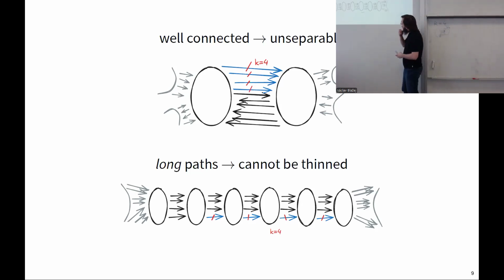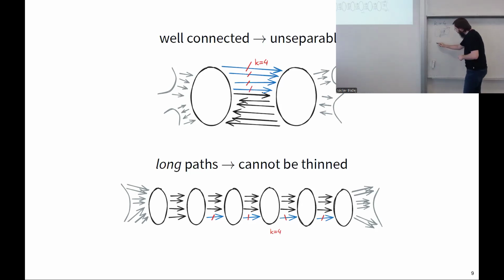And a different observation: if you make a path that's longer than k, so bigger than 4 in this case, and you make a few edges like that, the point here is that you can cut the path, making each of these guys its own component, but you can't make it slimmer, right?